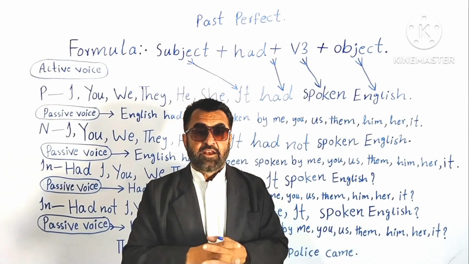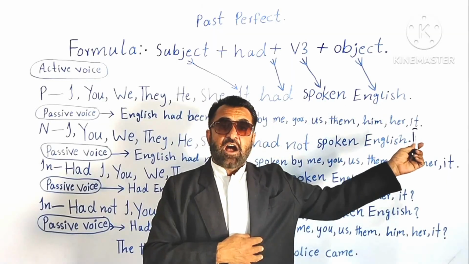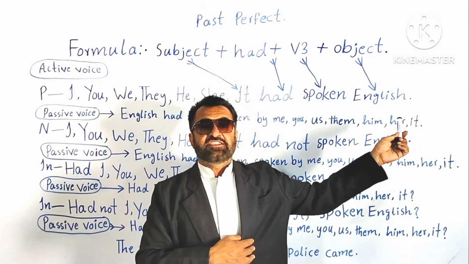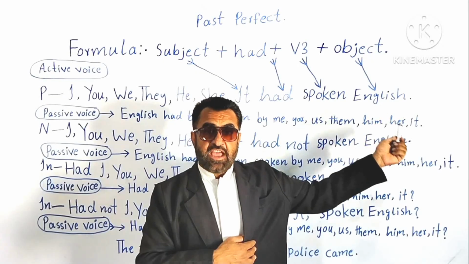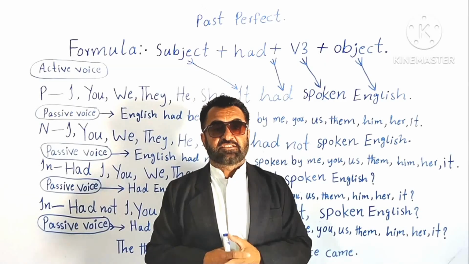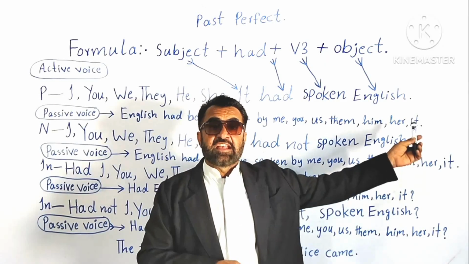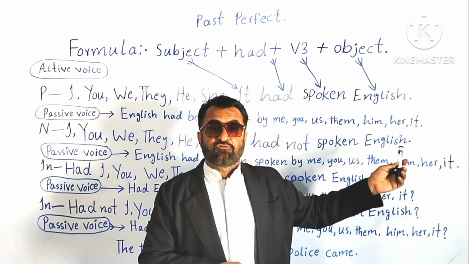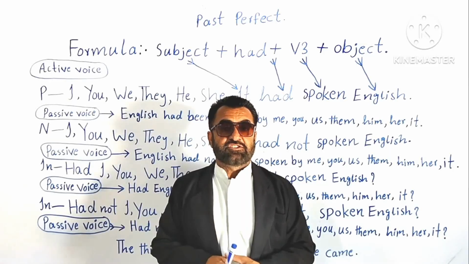Clear? Now here I would like to tell you one thing. Whatever comes at the end of an active voice sentence as an object, that object becomes the subject of the passive voice sentence. Mark my words. Means here it is object in active voice, but the same thing is subject in passive voice.